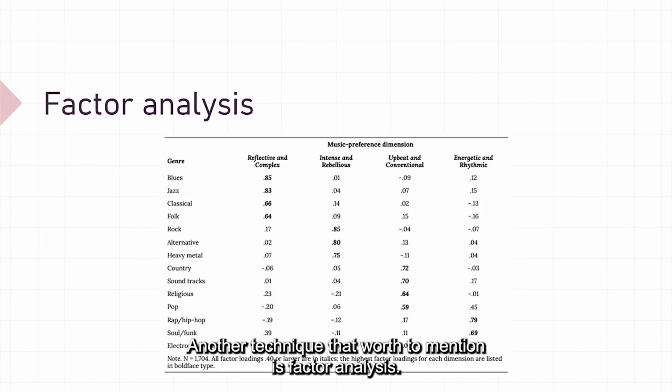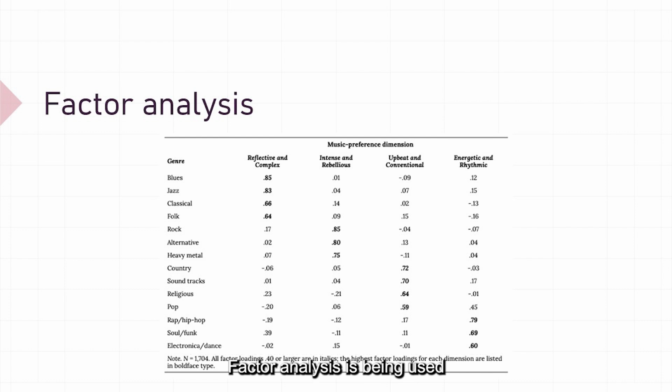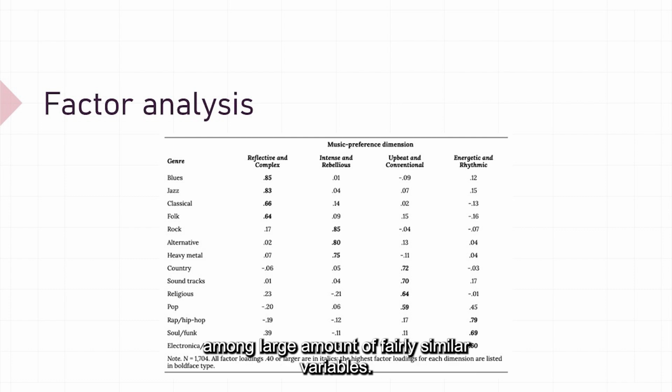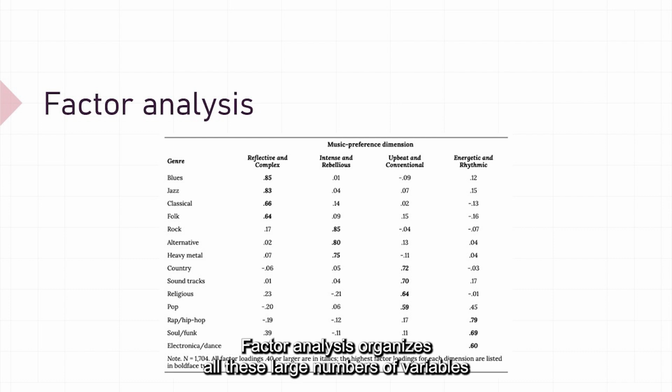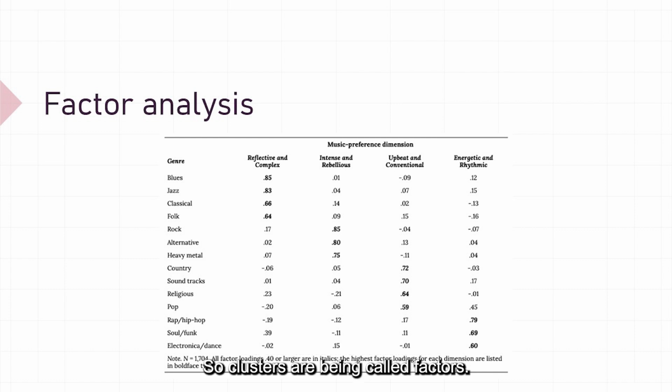Another technique worth mentioning is factor analysis. Factor analysis is used when researchers study relationships among a large number of fairly similar variables. Factor analysis organizes all these variables into a small number of clusters. Those clusters are called factors.